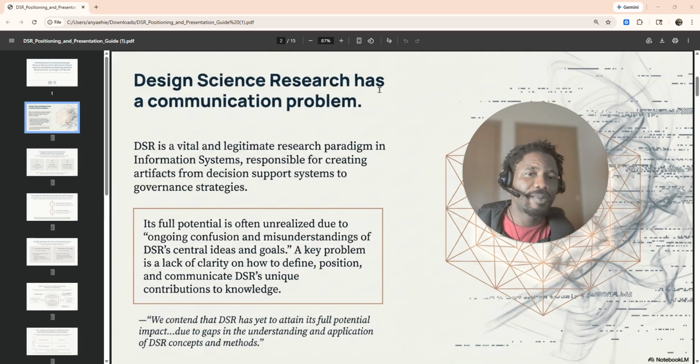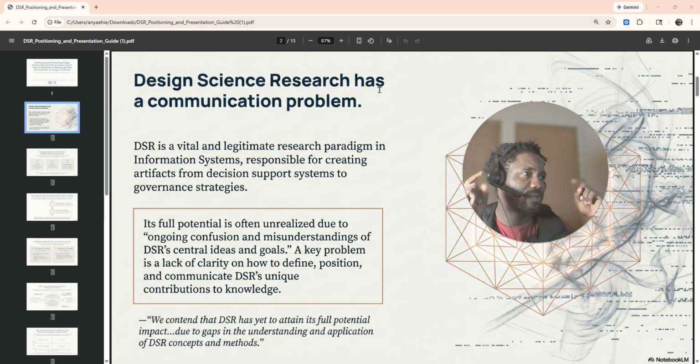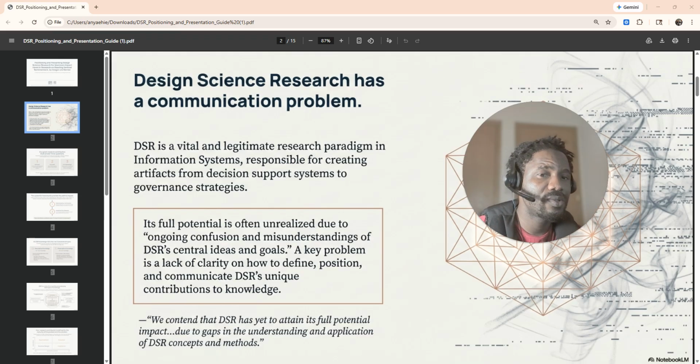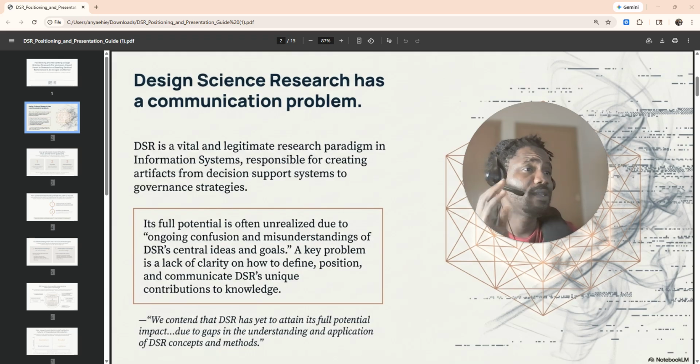It gets rejected by reviewers who mistake it for consulting, routine design, or an engineering project. So the authors of this paper state we haven't actually reached our full potential because there are gaps in how we communicate our research work, and we need to fix that. And that is what this paper is all about.